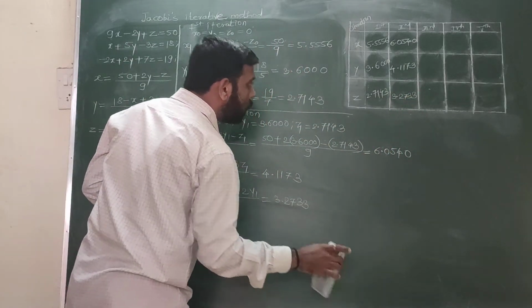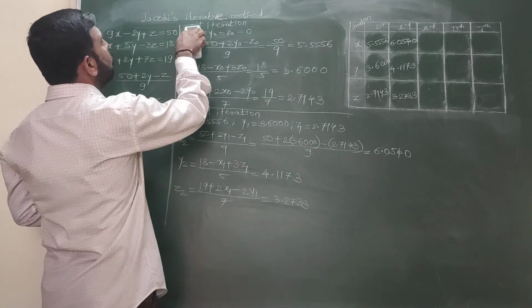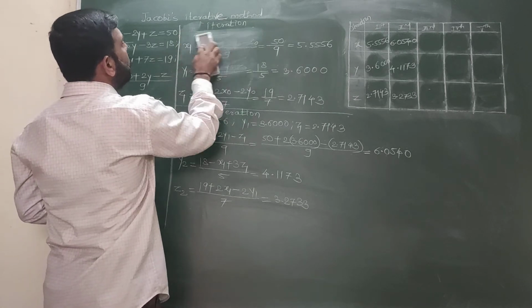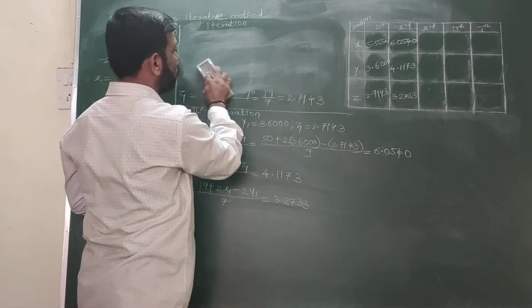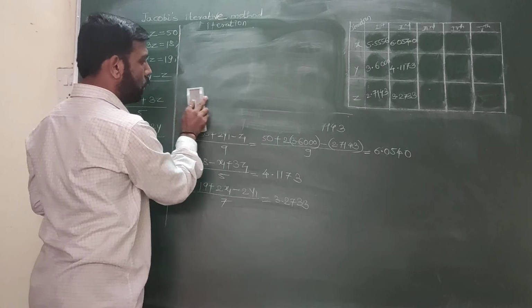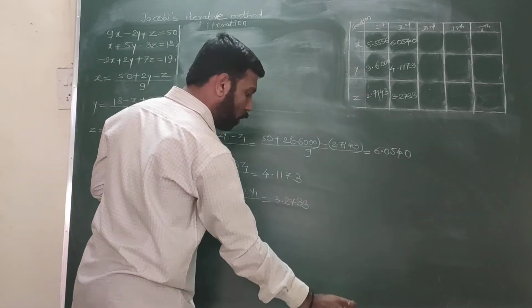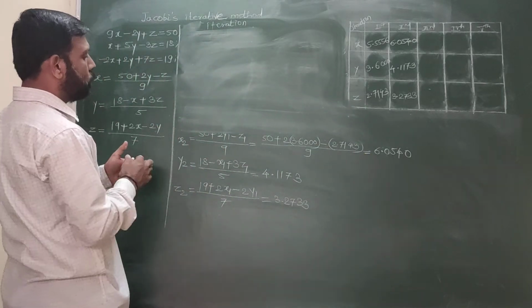So we completed 2 iterations. Now we continue with the third iteration. For that I require the values of x2, y2, z2.